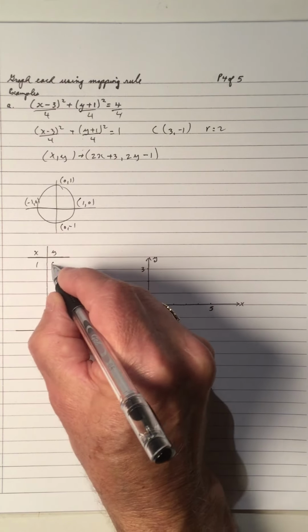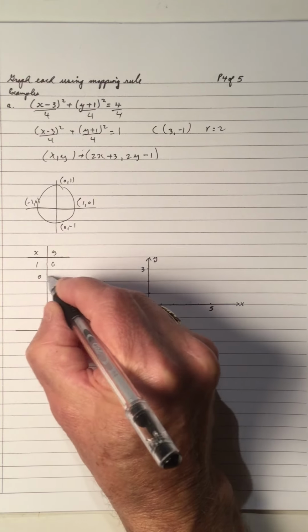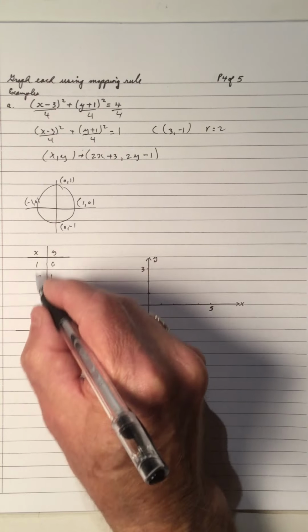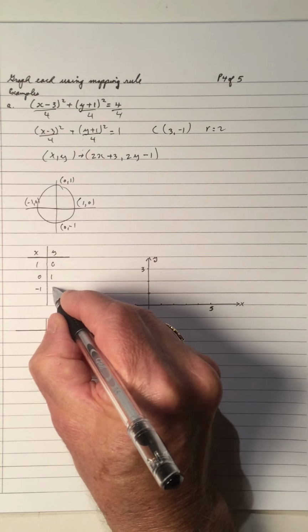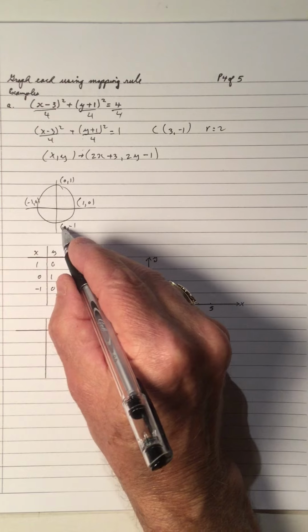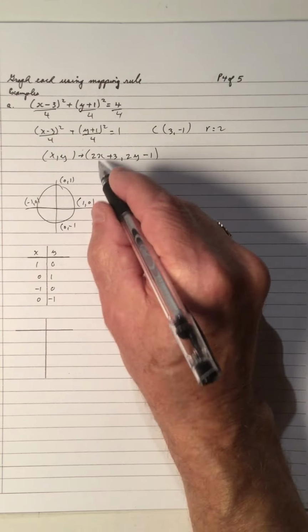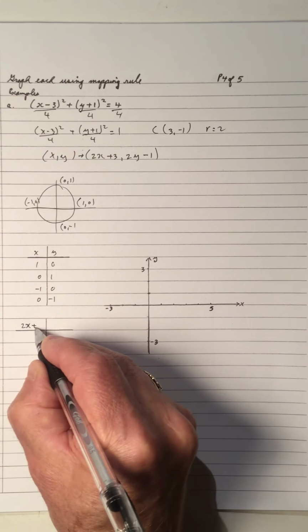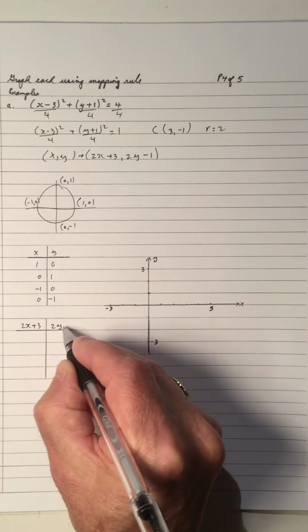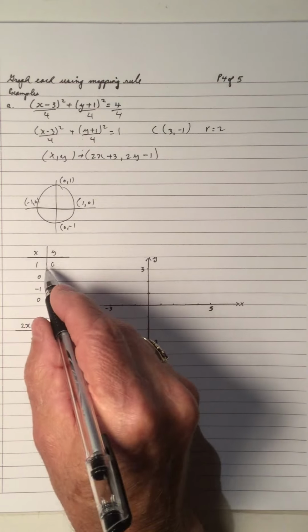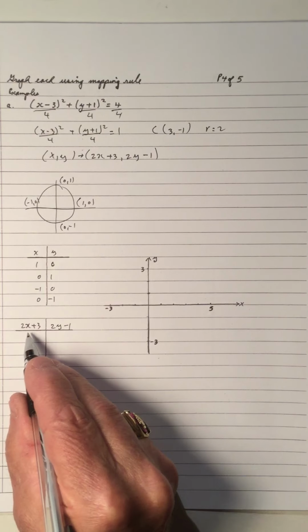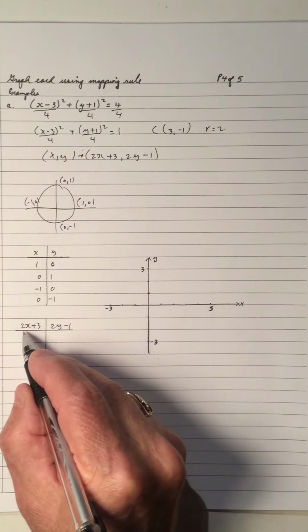So x is 1, y is 0, x is 0, y is 1, x is negative 1, y is 0, and right here x is 0, y is negative 1. So the mapping rule is 2x plus 3, 2y minus 1. So we take these values and sub them in here.